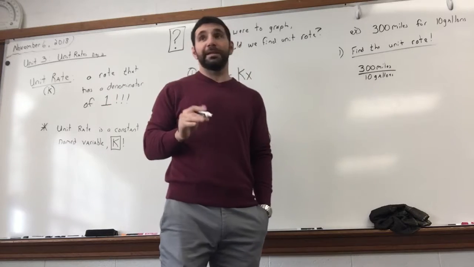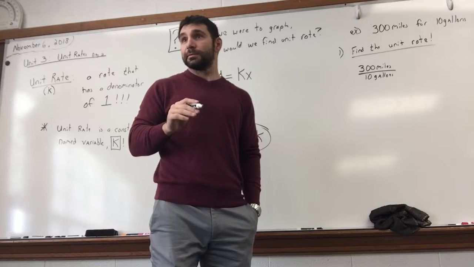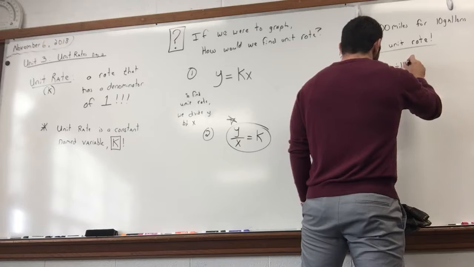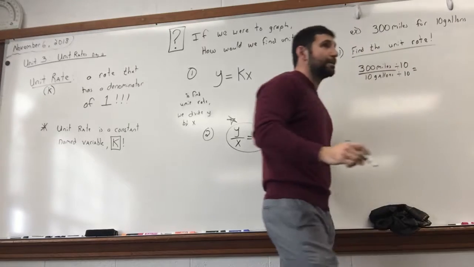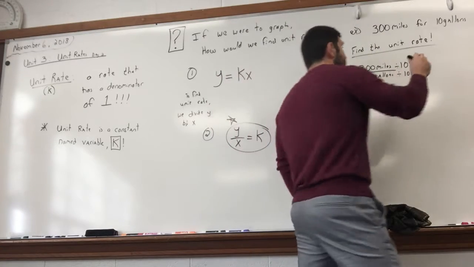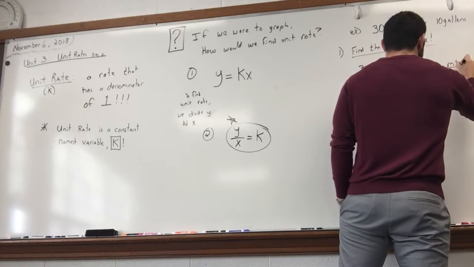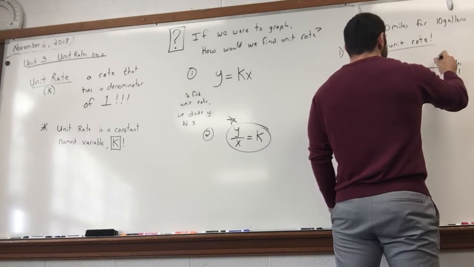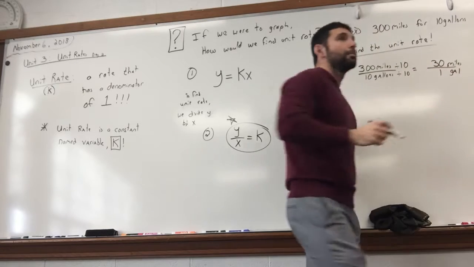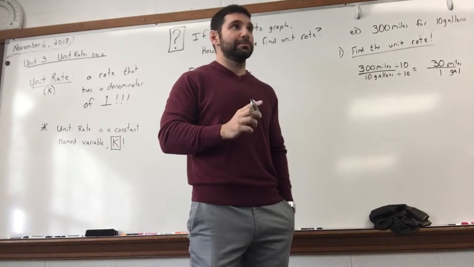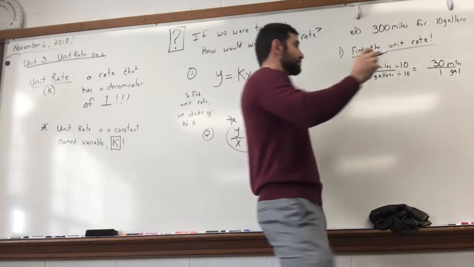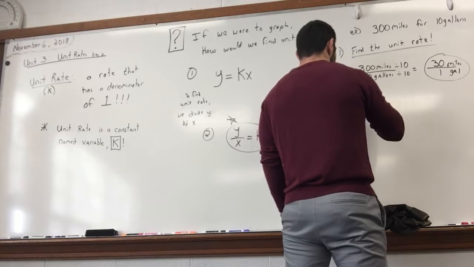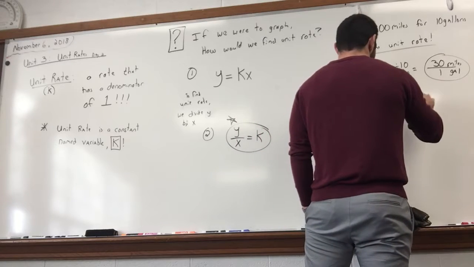What am I going to divide both by, Leighton? By the denominator. To find unit rate, we always divide by the denominator. So, miles stays on top, gallon stays on bottom. 1 gallon gives me 30 miles per 1 gallon. Everybody with me? Fill in the chart.